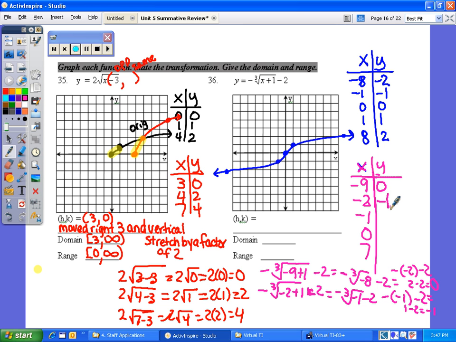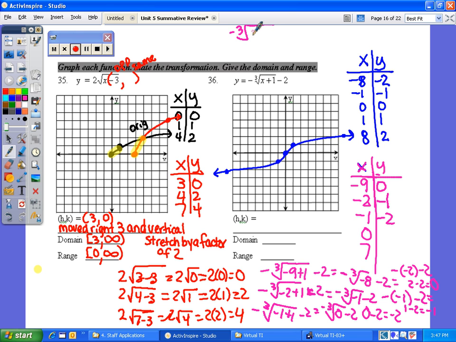A lot of this can be done in your calculator if you don't know how to do it by hand, but a lot of you don't have a calculator, that's why I'm showing you all of this work. Alright, negative 1 plus 1 minus 2. That's 0 minus 2. Of course, negative 0 is the same thing as 0, so 0 minus 2 is negative 2. Notice this kind of like a pattern. Alright, next number to plug in is 0.